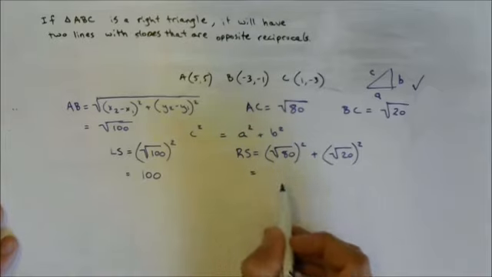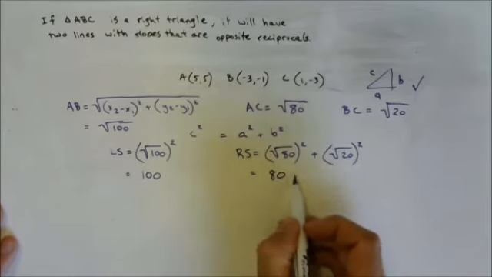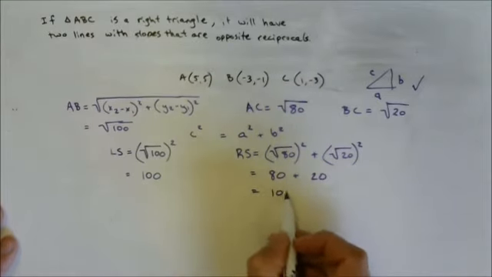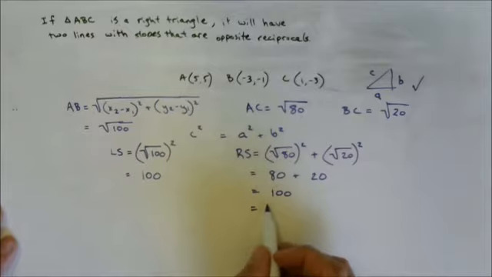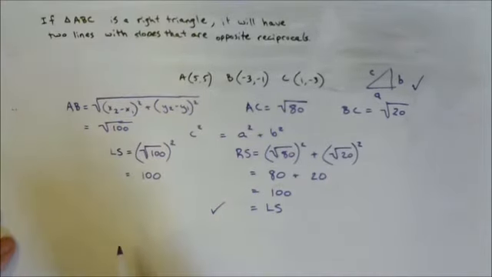On the right side, the square root of 80 squared is just 80, and the square root of 20 squared is just 20. So I do indeed get that the left side equals the right side. If it fits the Pythagorean theorem, then you've also shown that it is a right triangle. Algebra is helpful. There's more than one way to solve.